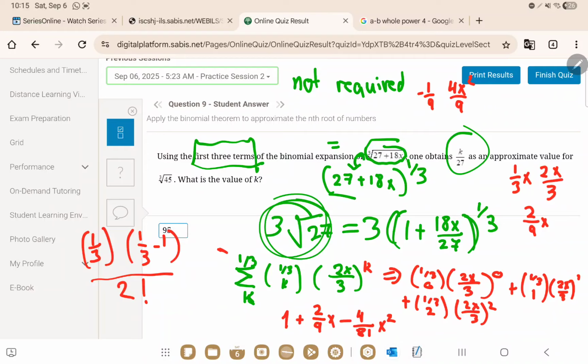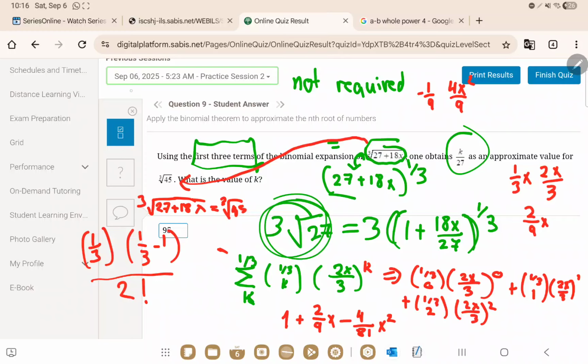Now these are our first 3 terms, correct? Now we need to prove that this is an approximate value of this. So we need to see for what x it is approximately 45. So the cube root of 27 plus 18x equals the cube root of 45.